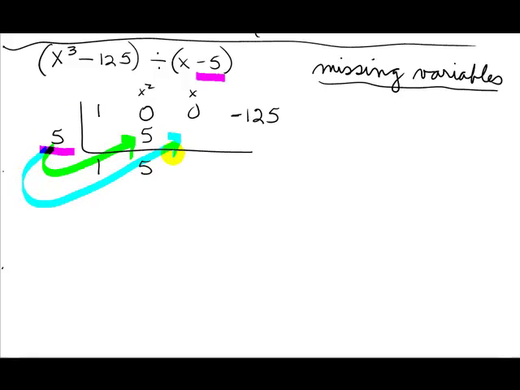Multiply these two and put your answer here. 0 plus 25 is 25. And so everything so far is positives. Then we want to multiply here and here. Put our answer here. It's going to be a positive 125. And when I combine that, I get 0 for my remainder.